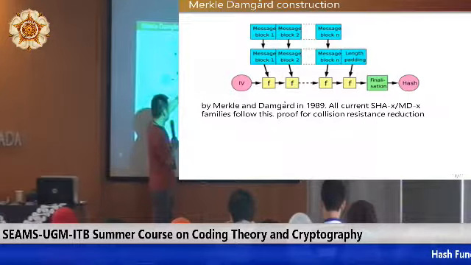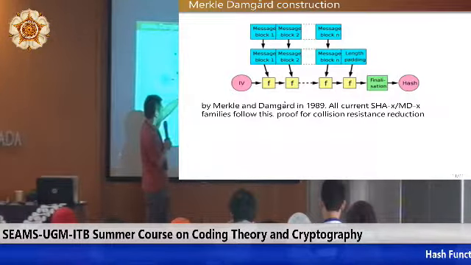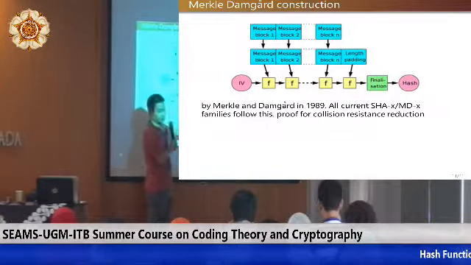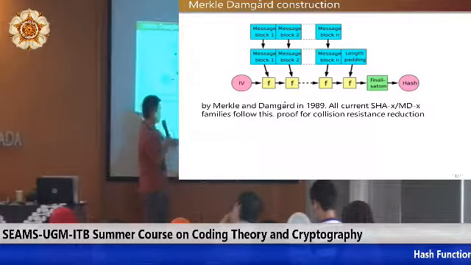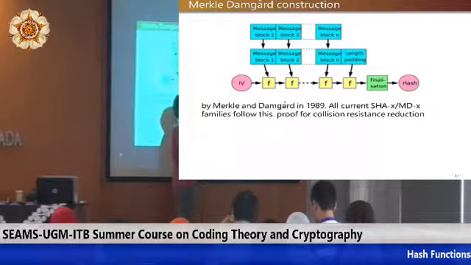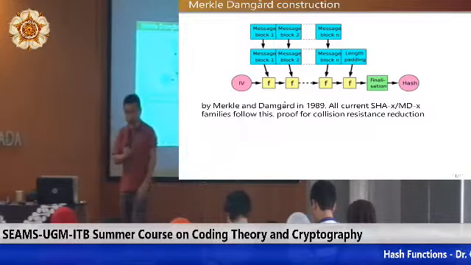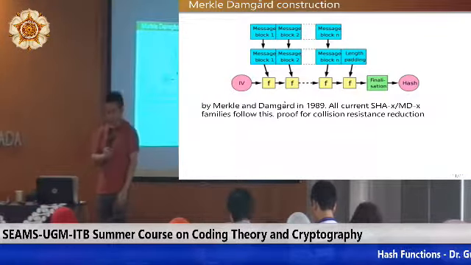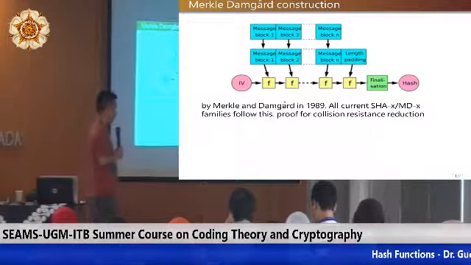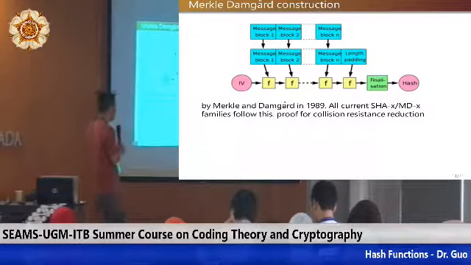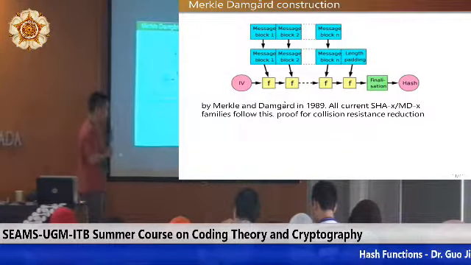Message block 2 is used as the additional input, and this process goes on until all the message blocks are processed. Before producing the hash digest, it goes through a finalization process. So this is how the SHA family and MD family were designed. All of them follow this strategy.